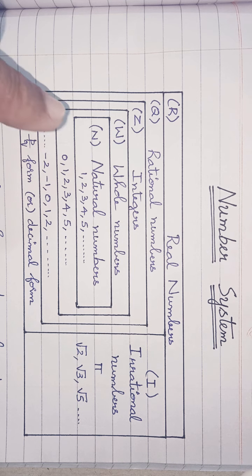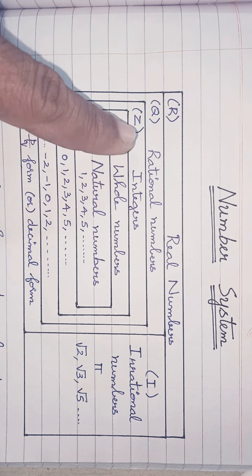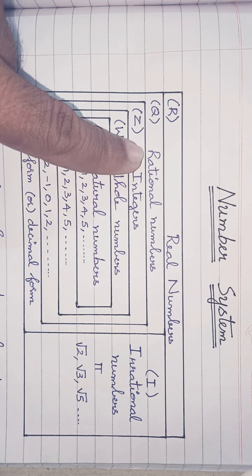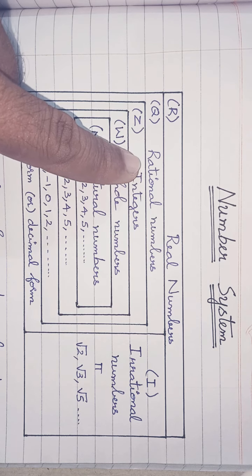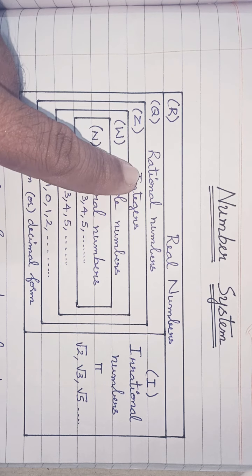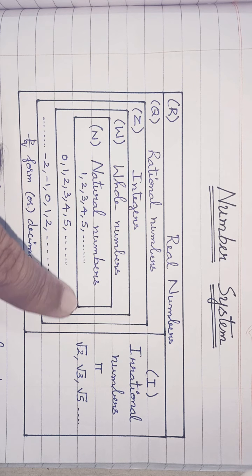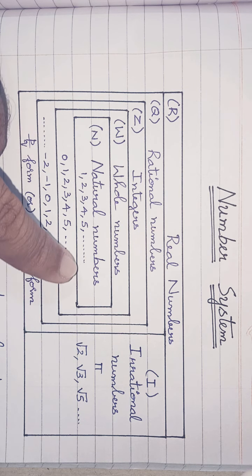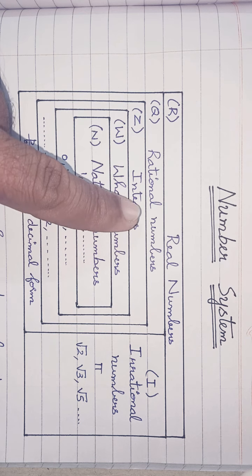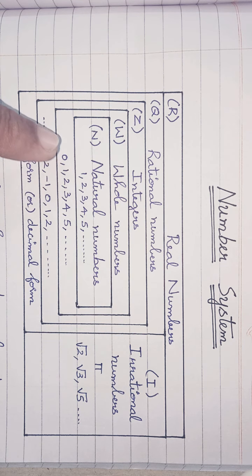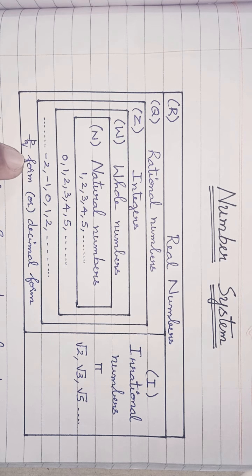Now we are going to learn about the next higher level of numbers, that is, numbers having decimal expansion. Numbers having decimal expansion can be put under real numbers, but they can be grouped into two big categories, that is rational numbers and irrational numbers. Rational numbers are numbers which can be expressed in the form of p by q.